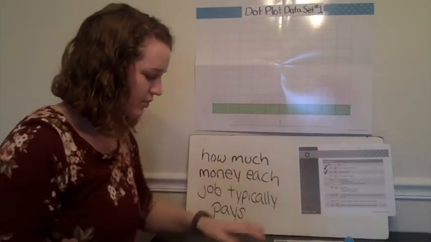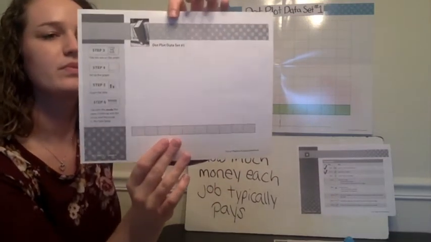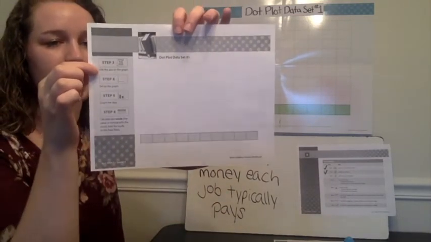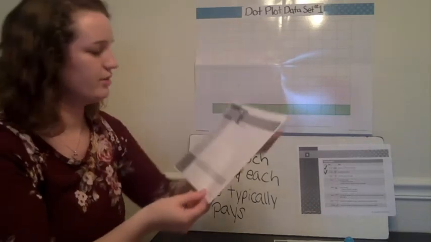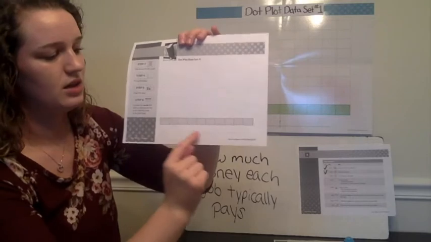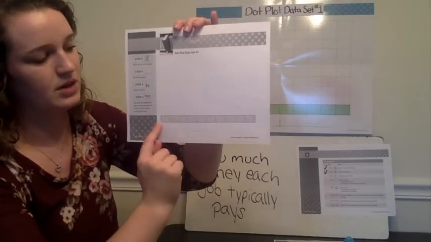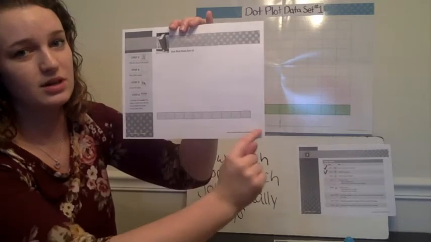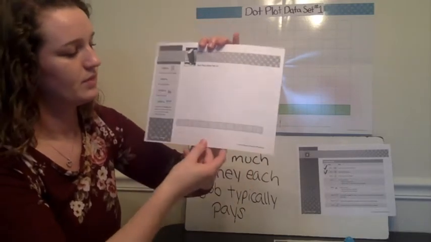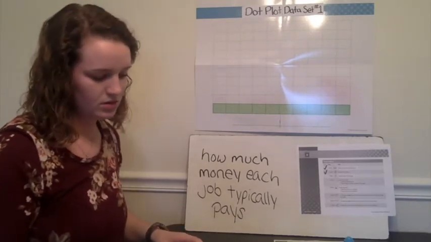So for step 3, on page 16, we're going to title the axis of the graph, okay? So the axis is going to be this side right here, the x-axis, right here. Remember, it's horizontal, right? Okay. So what do you think we're going to title it?